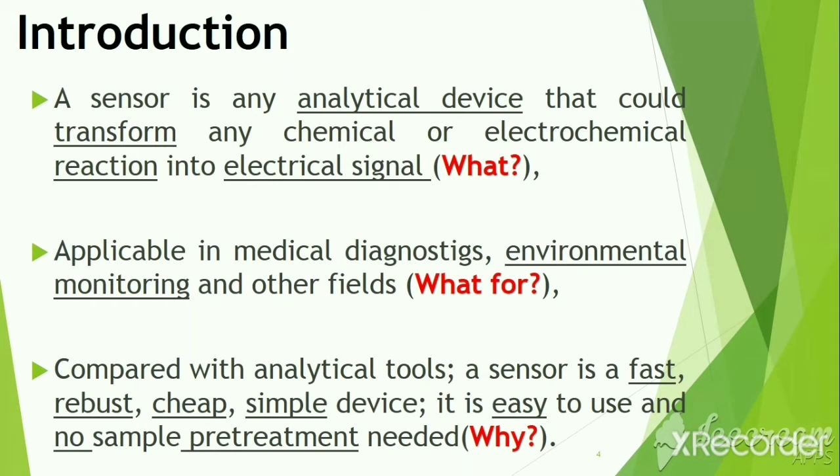And this sensor is for sure applicable almost everywhere, so we can find sensors in medical science, environmental monitoring, food science, almost everywhere. The key features of any analytical sensor are fast, stable, cheap, and easy to use. That's why it's very important to develop sensors, because they are very important compared with other analytical tools.